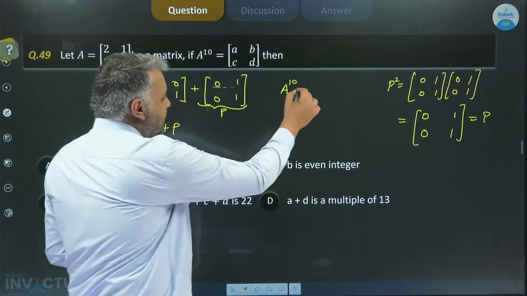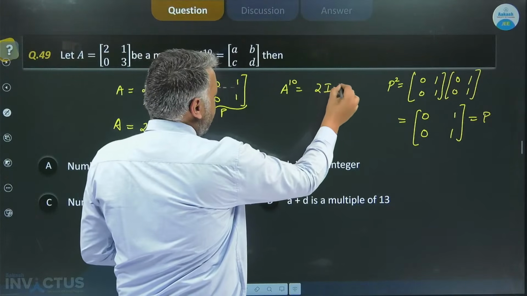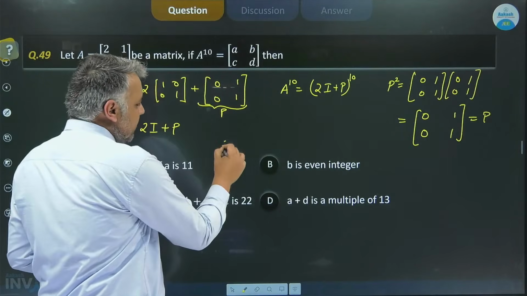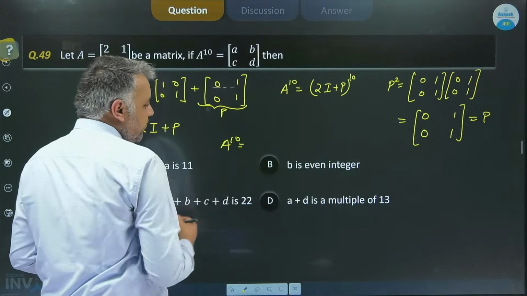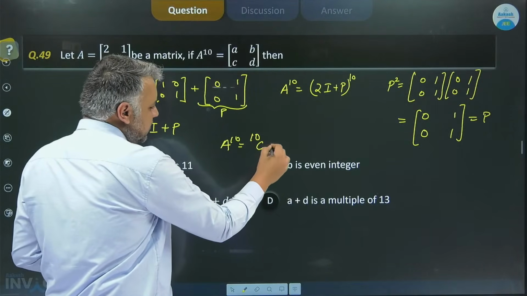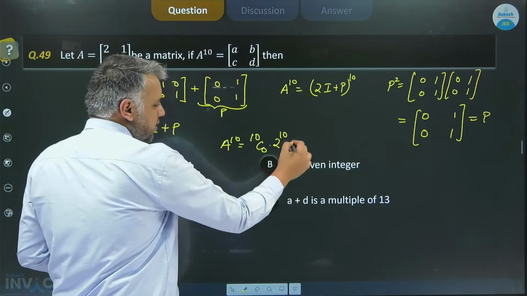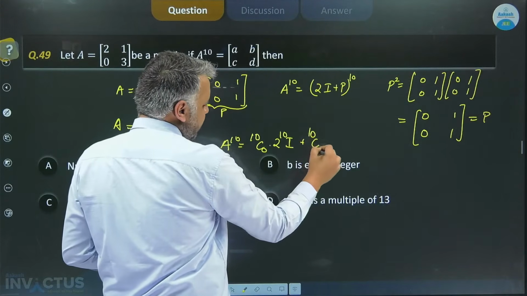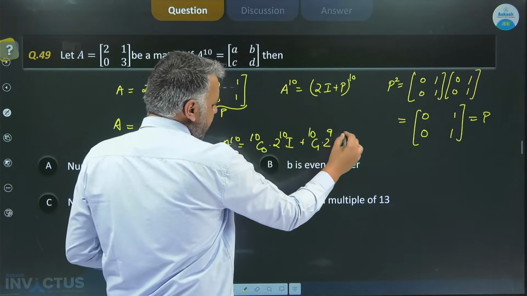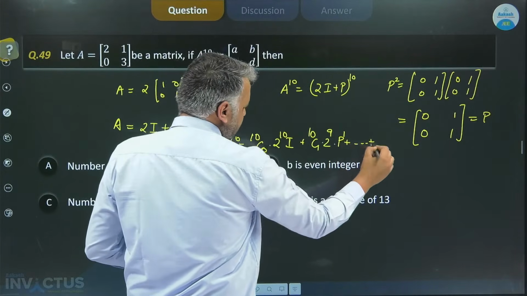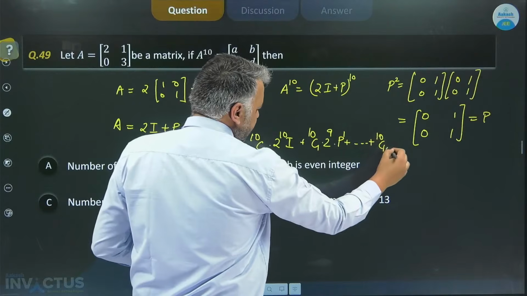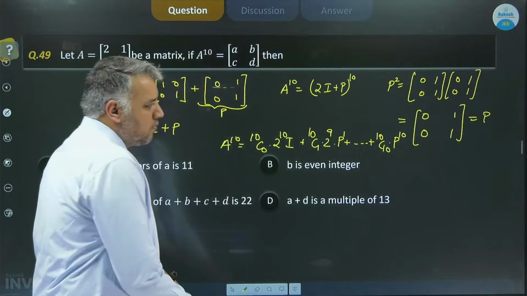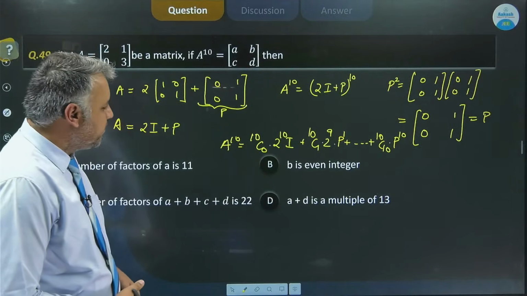So A power 10 is nothing but (2I plus P) whole power 10. If I expand this binomially, then A power 10 will be 10C0 2 power 10 identity matrix plus 10C1 2 power 9 P power 1, and so on up to 10C10 2 power 0 P power 10.